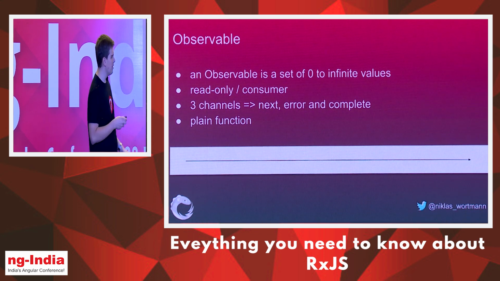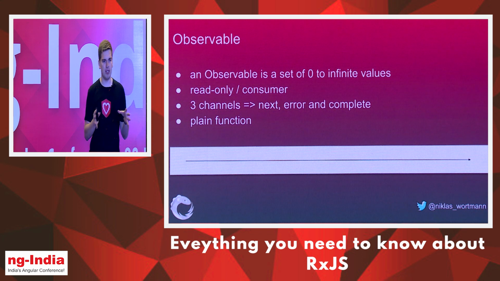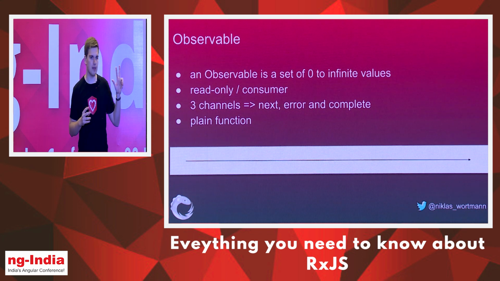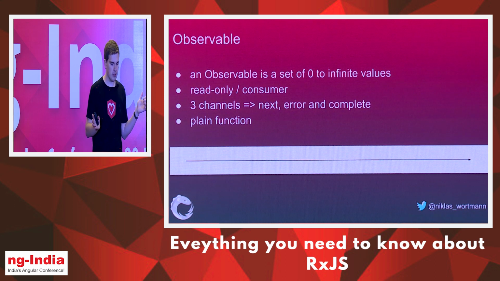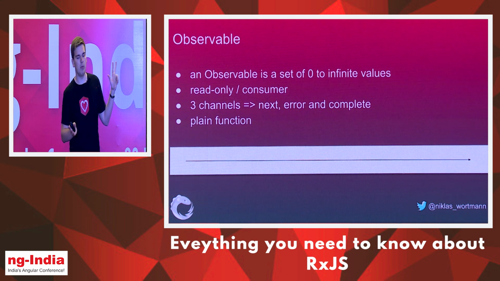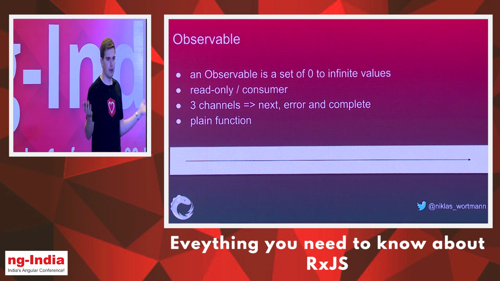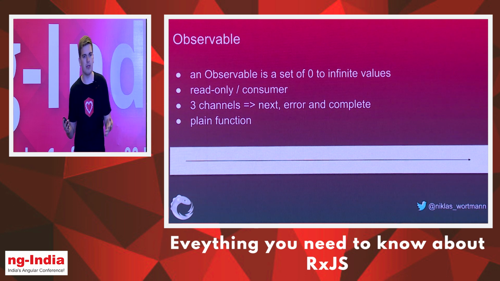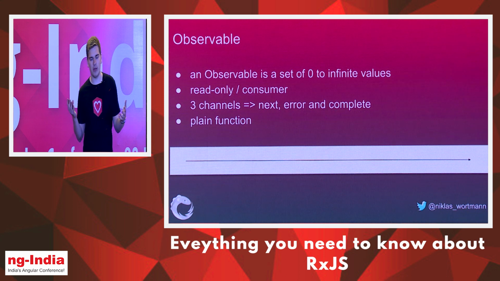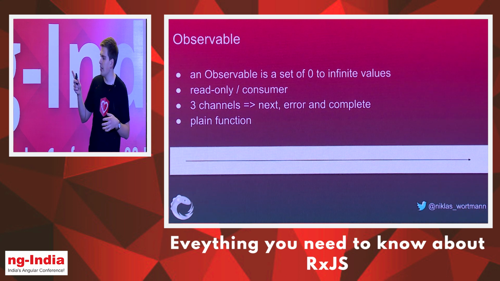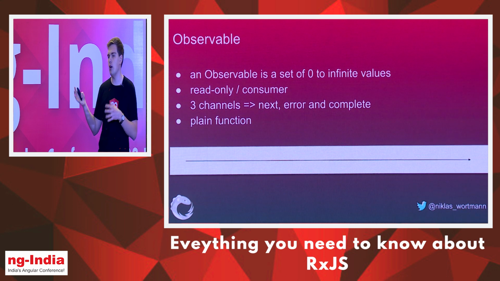An important difference to some other reactive implementations is that we have 3 channels. One is the next channel, which is mostly used. One is the error and the complete. Error is thrown for sure when an error occurs, and complete when the stream ends. Makes sense, right? An important thing to mention here is that an error event also completes the stream.